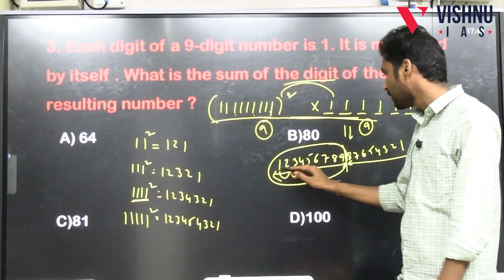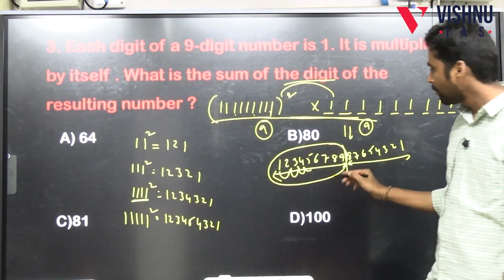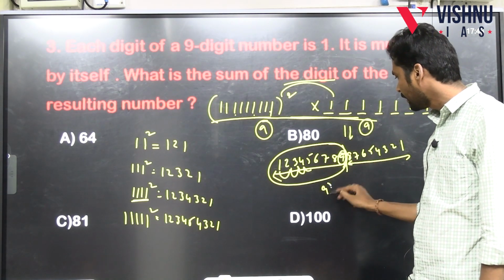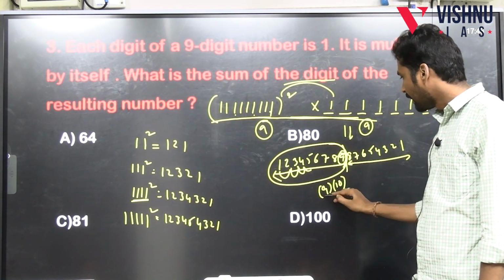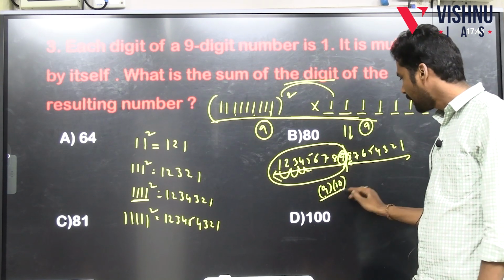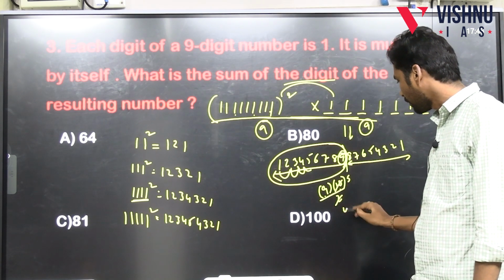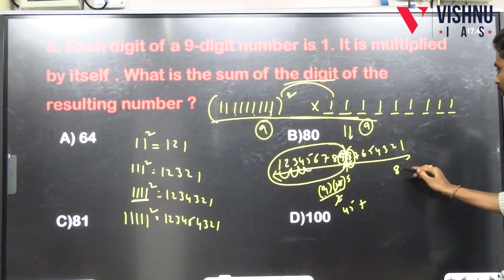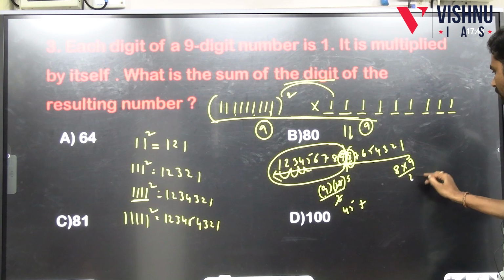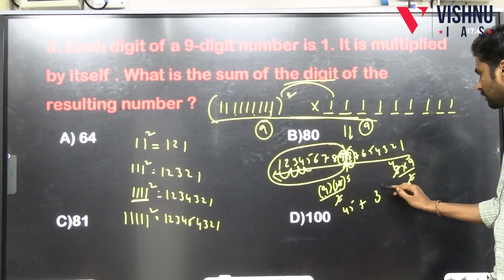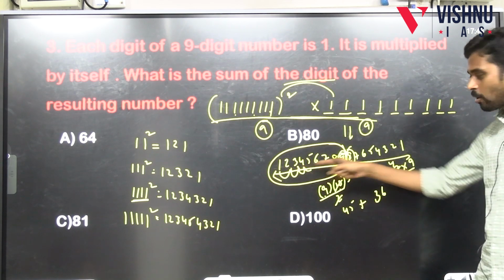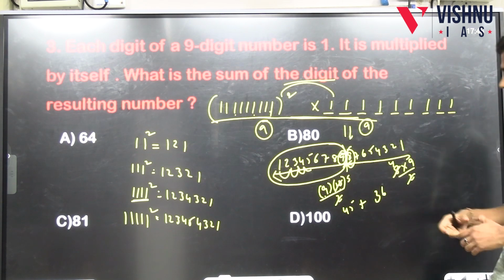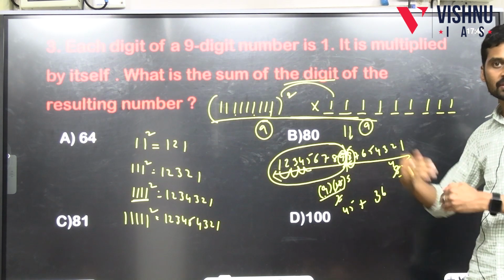This is the sum of the numbers from 1 to 9 directly, right? 9 into 10 divided by 2, so 5 nines are 45. Plus this number is 8 into 9 by 2, so 4 nines are 36. Either you can add all the digits, or else we can apply the sum of the first n natural numbers.